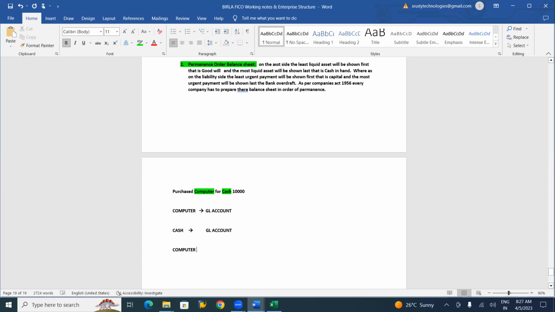Computer comes under an account group called, for example, fixed assets, and cash comes under an account group called current assets. Clear?